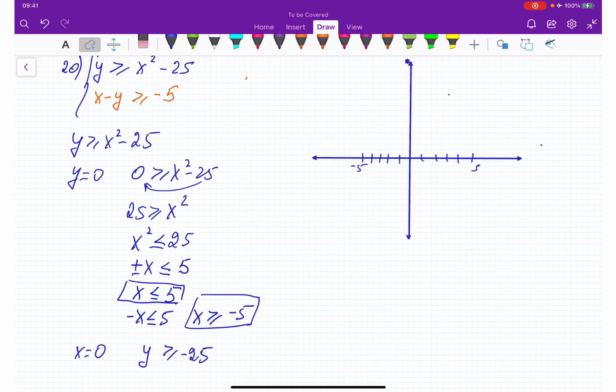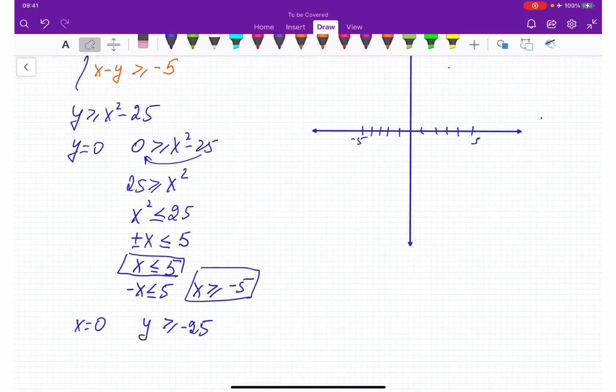Okay, got it. So I'll just break down this vertical line by negative 10, negative 10, negative 20, so this is negative 30, this will be negative 25.